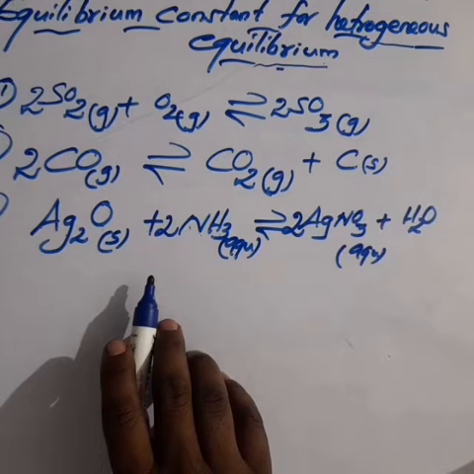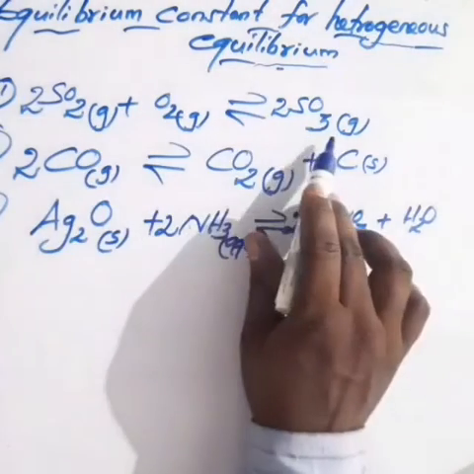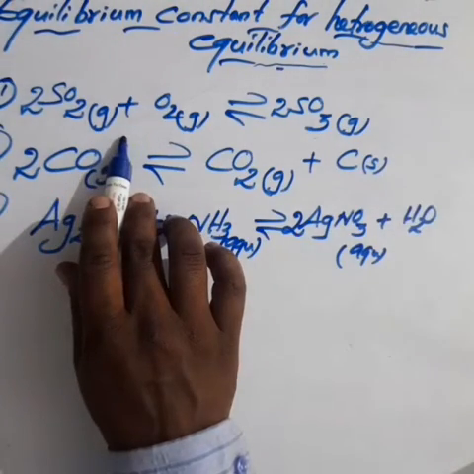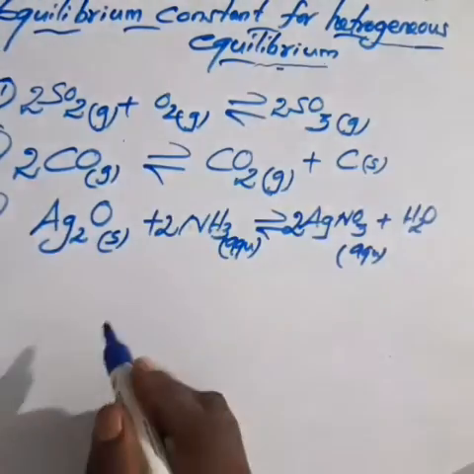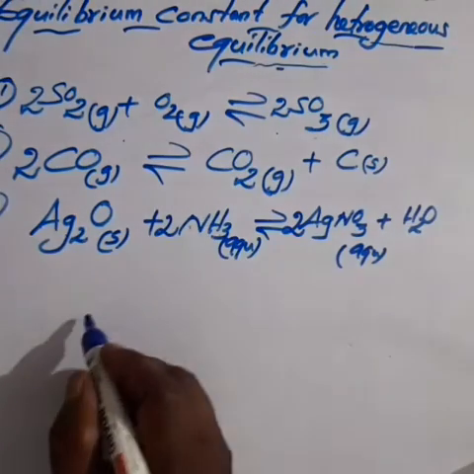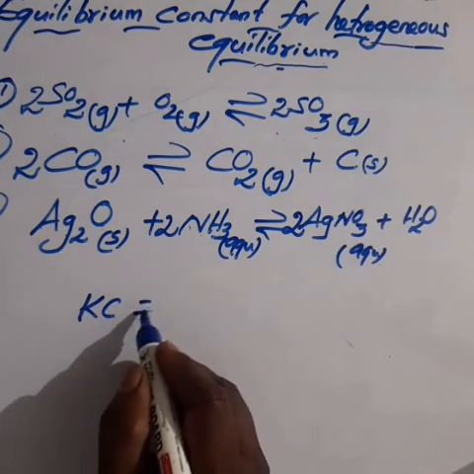Kp and Kc for the following reactions. How will you write Kp and Kc for the first equation? I am taking the first equation. Always product divided by reactant. Don't forget that. First you have to take the product. Which one is the product for the first equation? Sulfur trioxide.